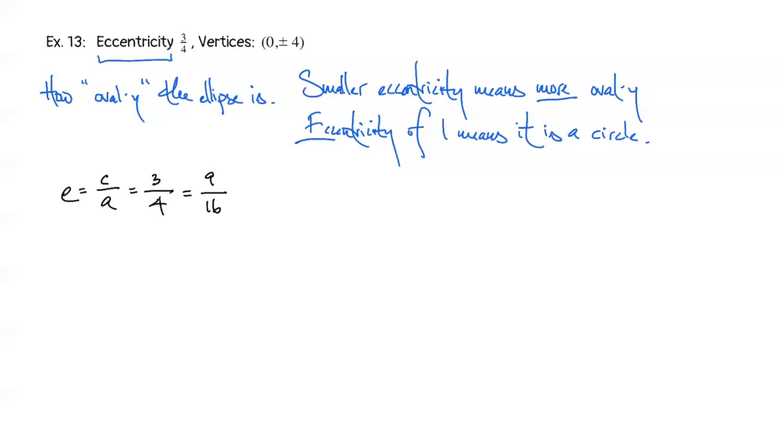Let's see, does 9 over 16 reduce to 3 over 4? Yes. No. Which one is it? No. Yeah, that one doesn't reduce, right? But what else could we write to get something that still has the same ratio?